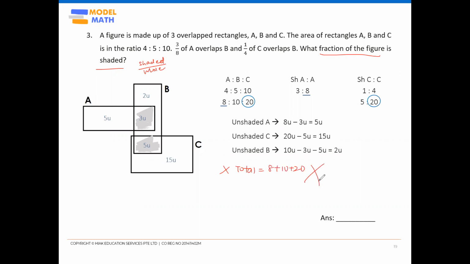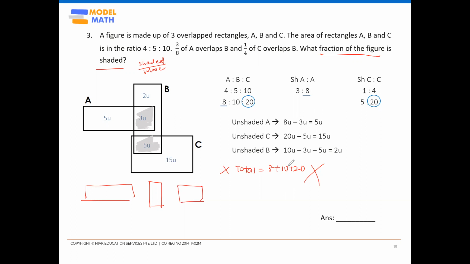Now, this is very wrong because, do not forget, 8 and 10 and 20, when added up, only applies if the three rectangles are not overlapping each other. So imagine you lay them out side by side. Lay them out separately. This is A, this is B, this is C, right? Then these three added up will be your total units.